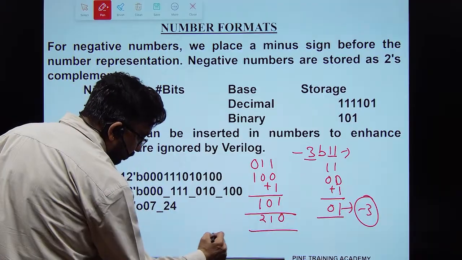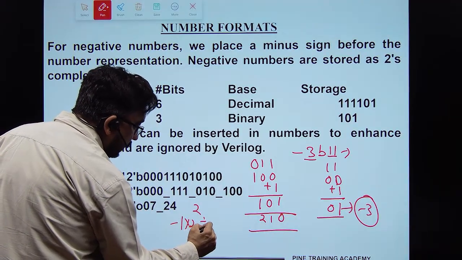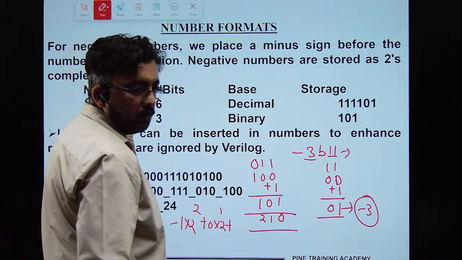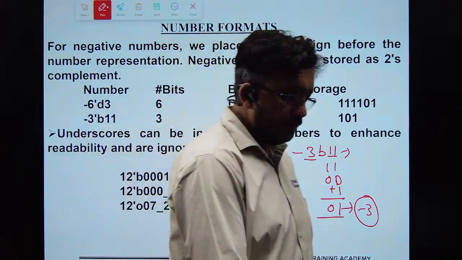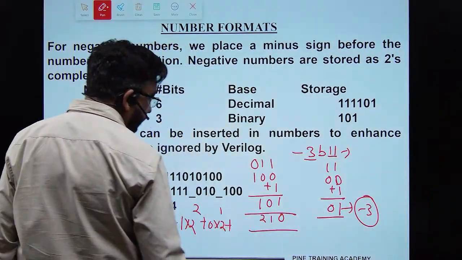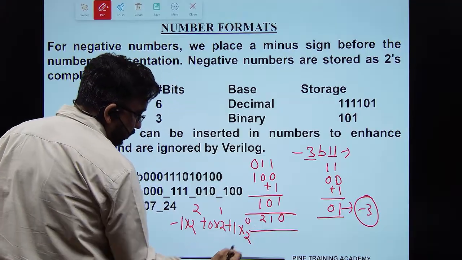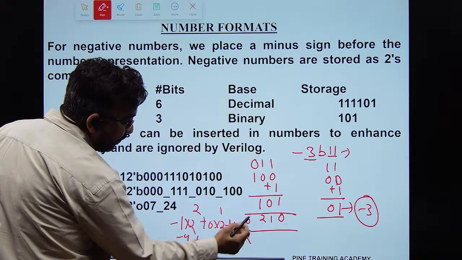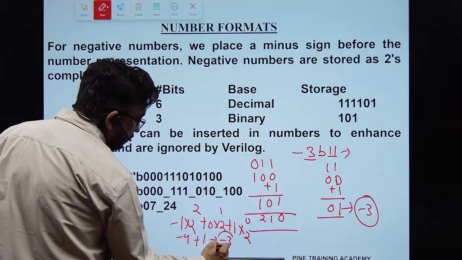So minus 1 into 2 to power 2, plus 0 into 2 to power 1, plus 1 into 2 to power 0. So minus 4 plus 1. It is minus 3.